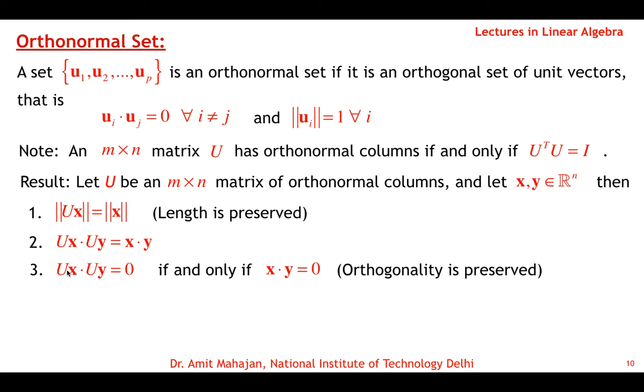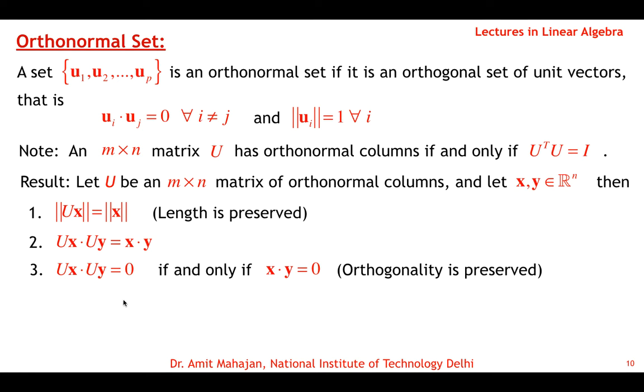So if the dot product of the transformed vectors is 0 if and only if the dot product of the original vectors is 0, that means they are orthogonal. So if you have two perpendicular vectors, then their transformations are also perpendicular. So orthogonality is also preserved. If you have an orthonormal matrix as the matrix of transformation, then the lengths are preserved and orthogonality is also preserved.